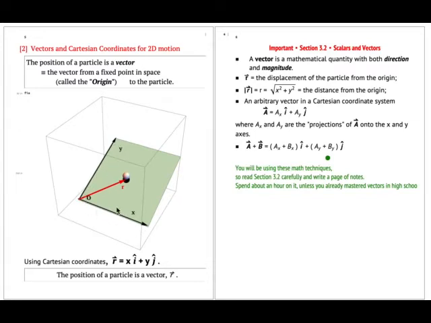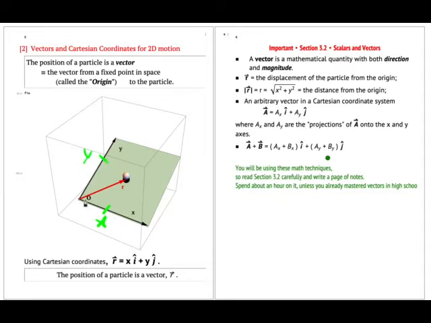And I'll have 2 coordinates. The coordinate on the x-axis is the projection of the position vector down onto the x-axis. So that'll be x. The projection onto the y-axis gives me the coordinate y.